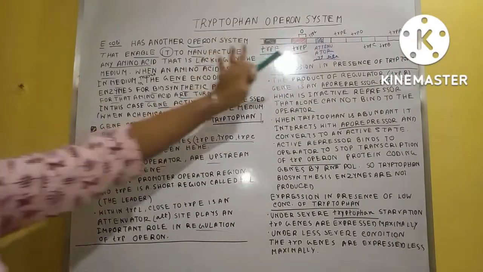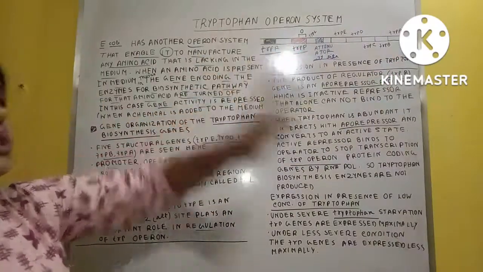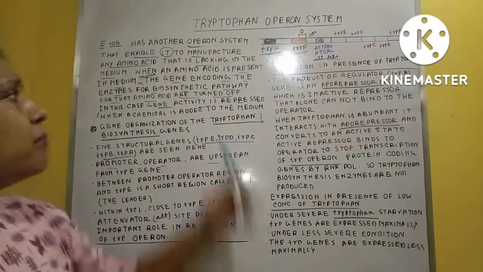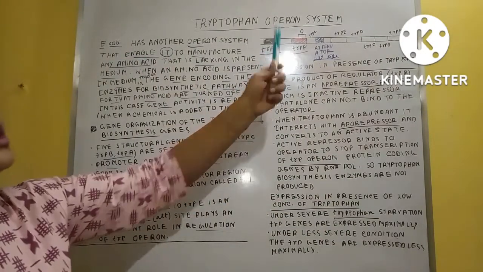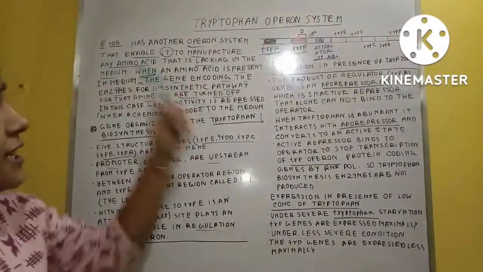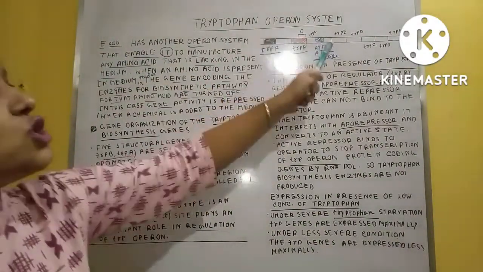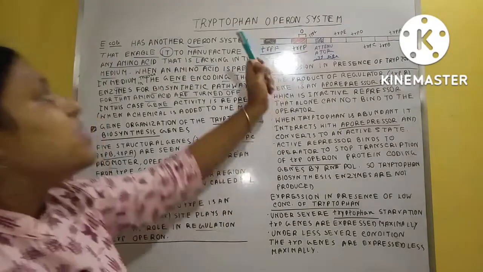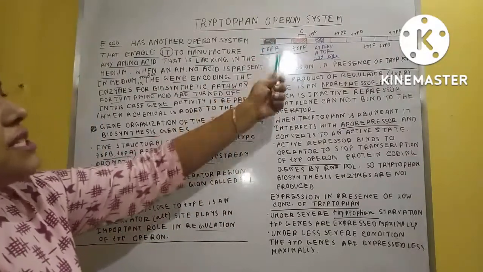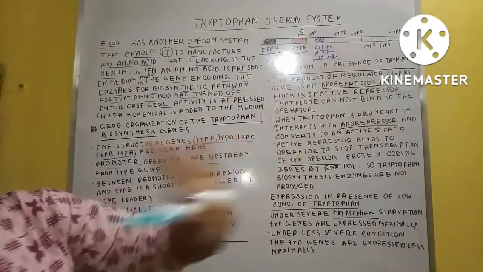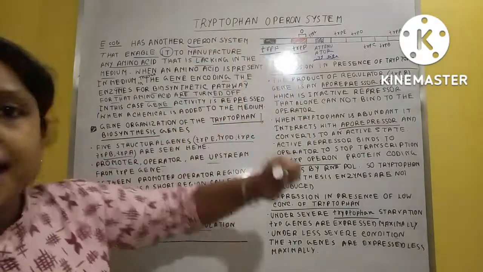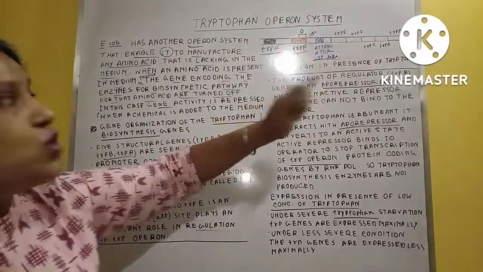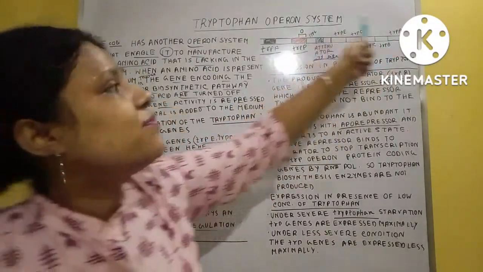The TRYP regulator can produce its product, a repressor protein. But this repressor protein is inactive and has no role in stopping the transcription process. Just clearly understand it. Its capability is to produce the repressor protein, but it is inactive and that's why it cannot bind the operator site to stop the function of the structural genes.